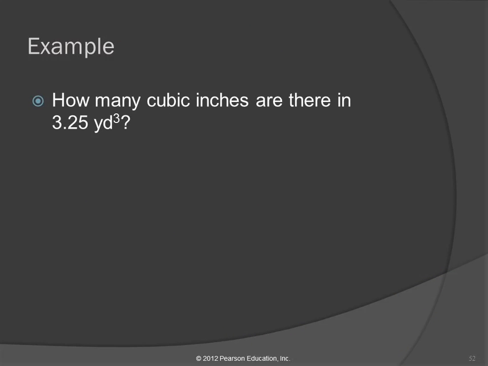Oh wait, here's another example. How many cubic inches in 3.25 cubic yards? What unit are we starting with? We're starting with cubic yards, and what are we trying to find? Cubic inches.